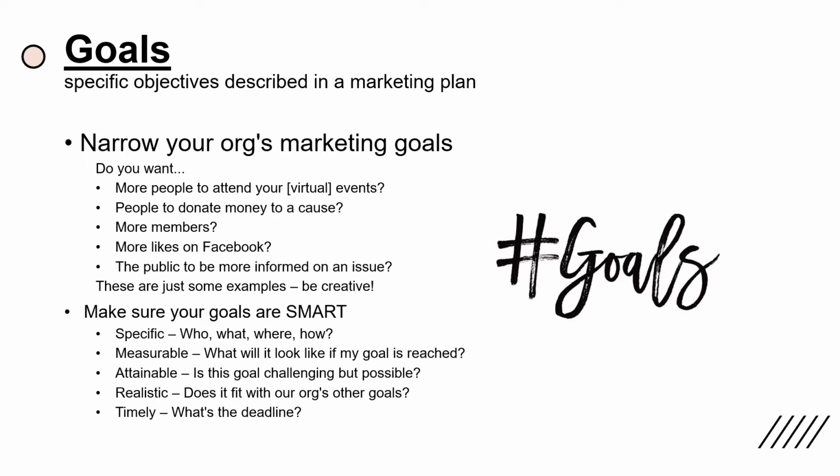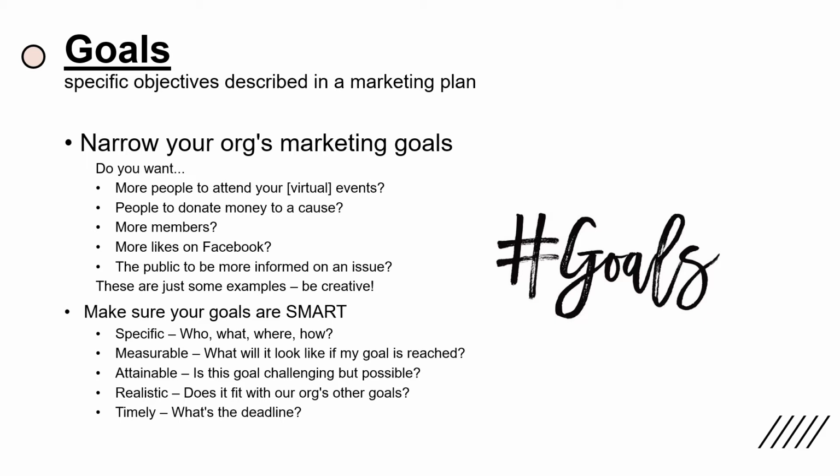In addition, once you find your goals, make sure they are SMART. That means specific, measurable, attainable, realistic, and timely. To give an example with that, if my student org's goal is to get more likes on Facebook, first I need to be specific. Do I just care about any likes, or do I want them to be UWM students that are liking it?